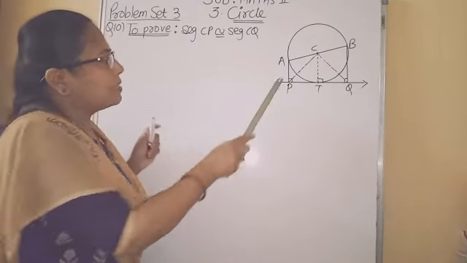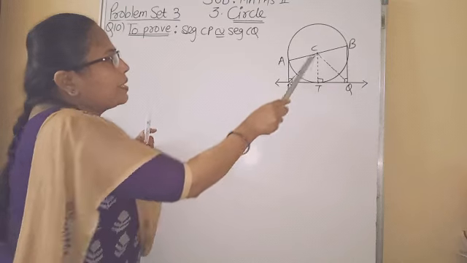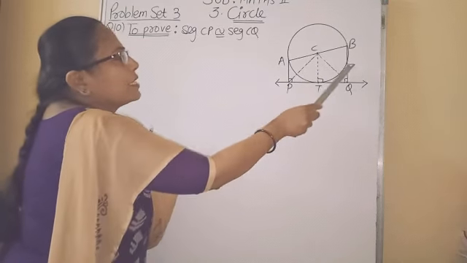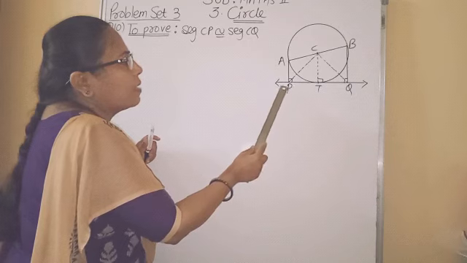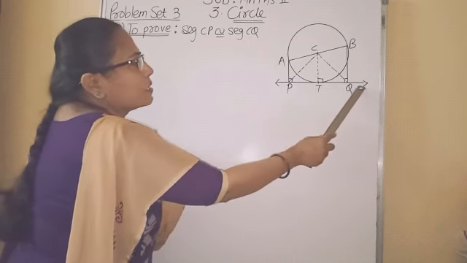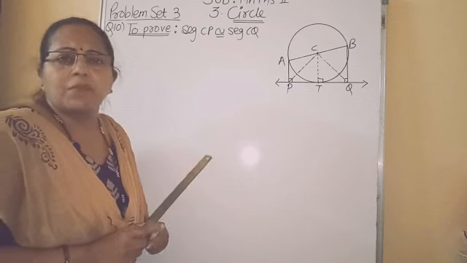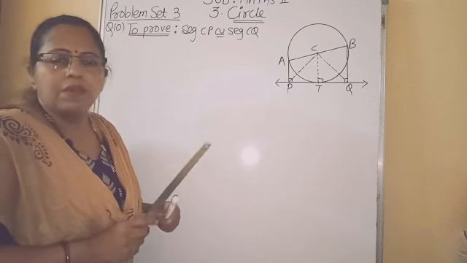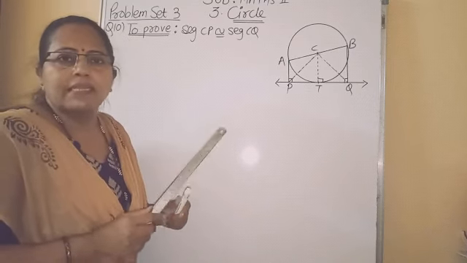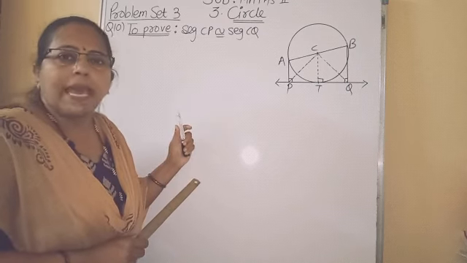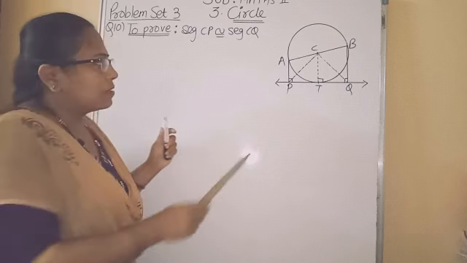Okay, that means segment AP, segment CT, segment BQ, all these three segments are perpendicular to the same line. So in 9th standard we proved this corollary. If two or more than two lines are perpendicular to the same line, they are parallel to each other.